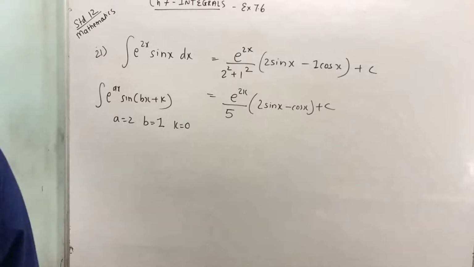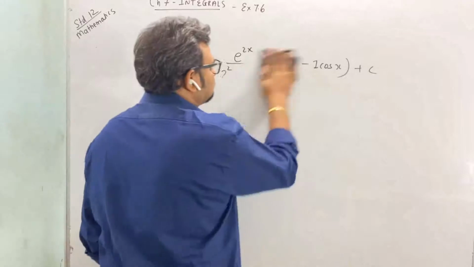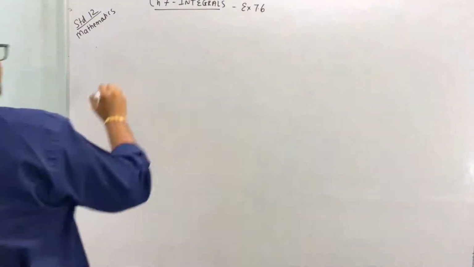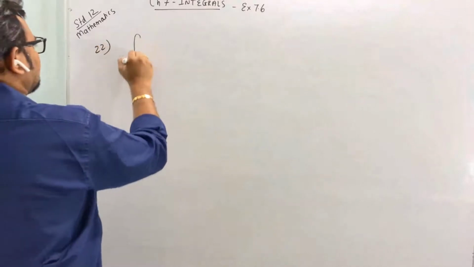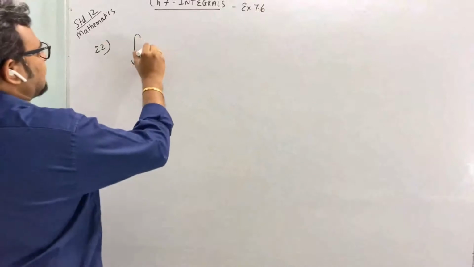Okay, let's move to the next one. Question number 22. Integration of sine inverse 2x upon 1 plus x square.